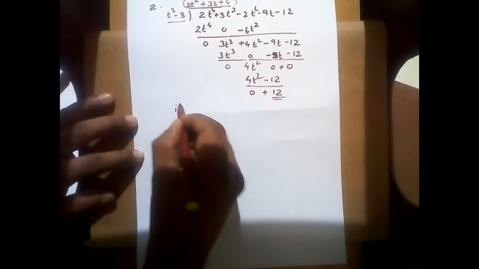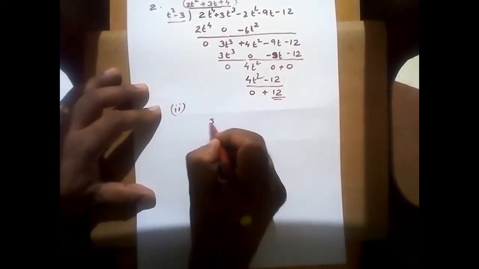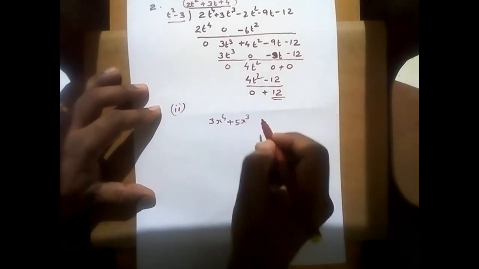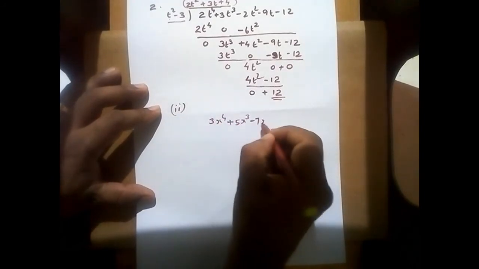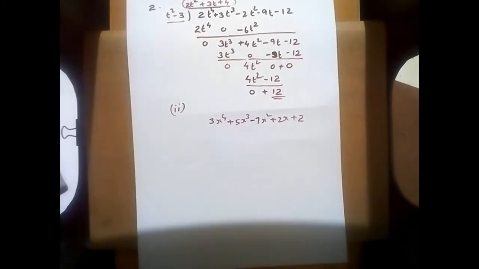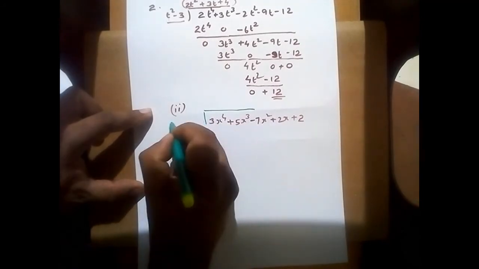Now the second example: 3x raised to 4 plus 5x cube minus 7x square plus 2x plus 2. We have to divide by x square plus 3x plus 1.